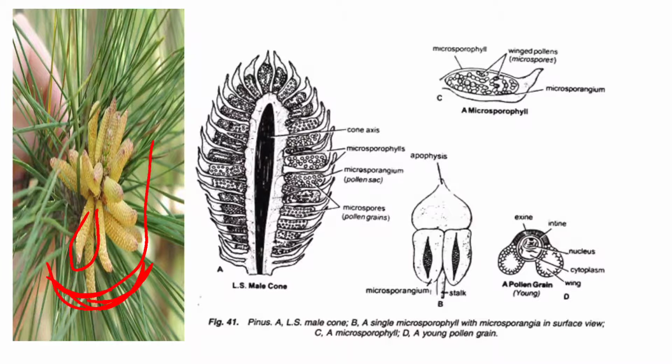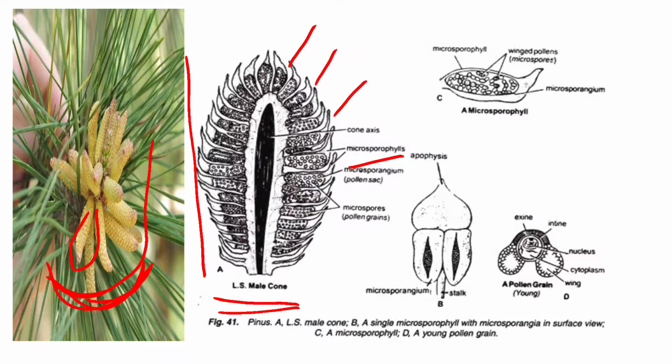If you take the longitudinal section of this male cone, it exactly looks like this. Each of these single units is known as a microsporophyll. So inside these microsporophylls, you can see here this single unit is a microsporophyll.